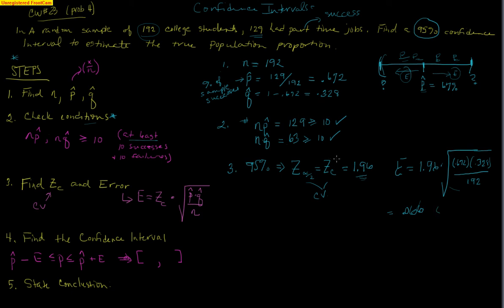If you think about that in terms of percentage, that's about 6.6% of error. That's our error. That's how far, that 0.066, or in other words, 6.6%. That's how far above and below our sample we need to consider that the true population is. Okay, so there's our error.